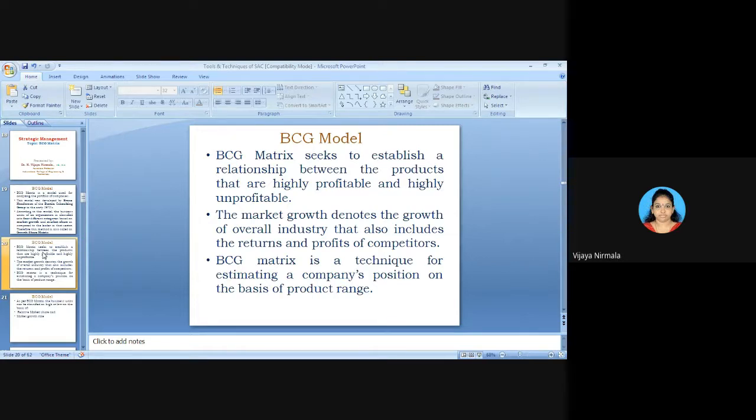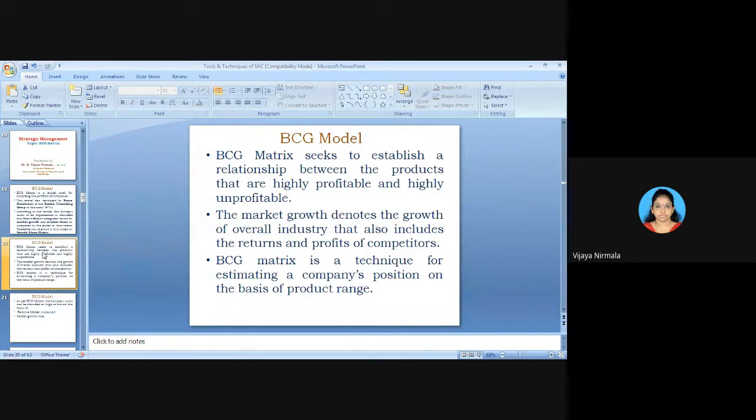That also includes the returns and the profits of the competitors, not us. They are telling about our competitors. So how our competitors' returns and profits are will be included in market growth. Okay, so it denotes the overall growth of the industry.